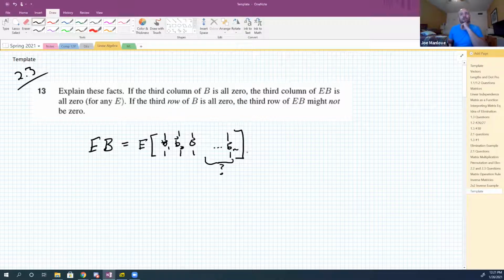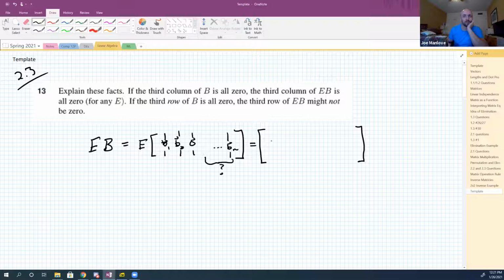All right, so next, how do I actually do that multiplication? You get a new matrix, right? And remember, the way that you multiply a matrix by another matrix is you apply the outside matrix to each column.